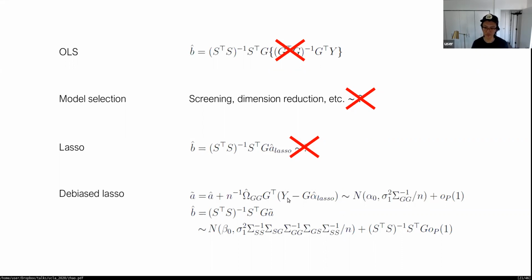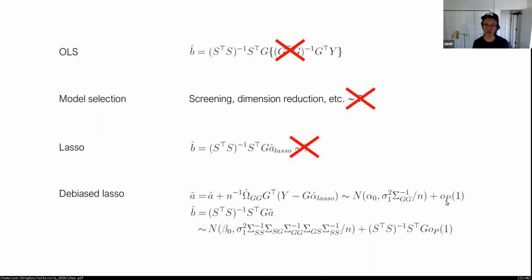I should say this is a high dimensional multivariate normal because the dimension of alpha 0 is p. So this OP1 is a p dimensional vector where each component is little OP1.